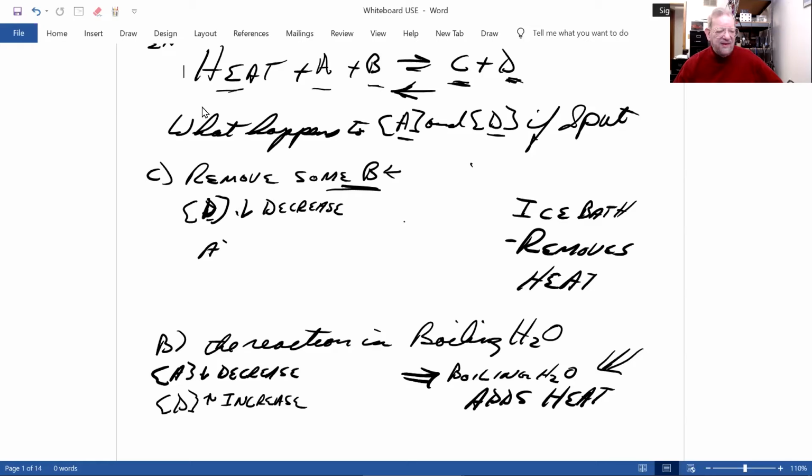And to replace the B we took out, we make more B going this way, but we also make more A and heat. If you make more of something, the amount you have increases. And that's how you do it.